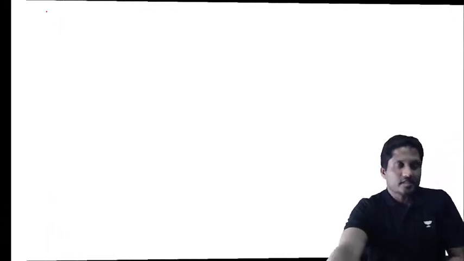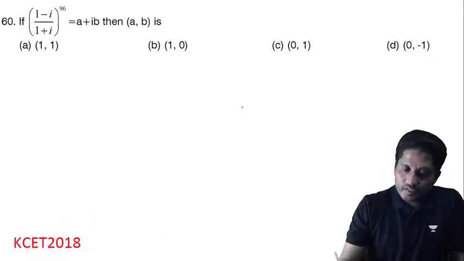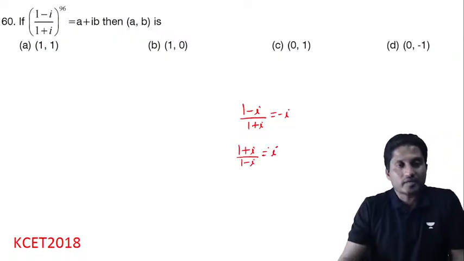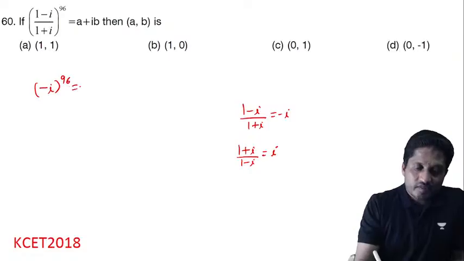Let's move to the next question. Okay, we have done this before as well. 1 minus i by 1 plus i is equal to minus i. Similarly, 1 plus i by 1 minus i is equal to plus i. You can prove it by multiplying and dividing by the conjugate in the denominator. Minus i whole to the power of 96 is equal to a plus ib.